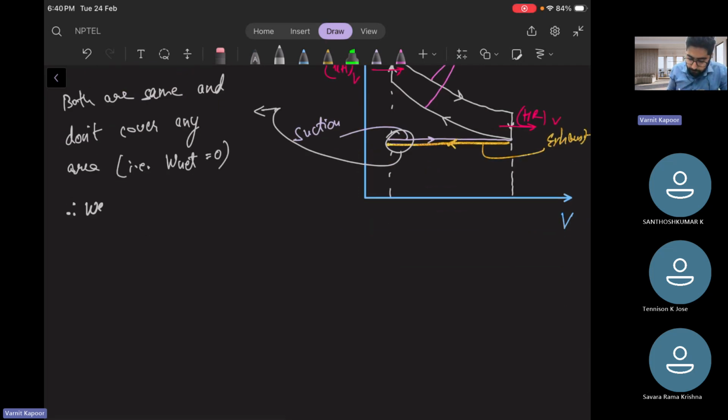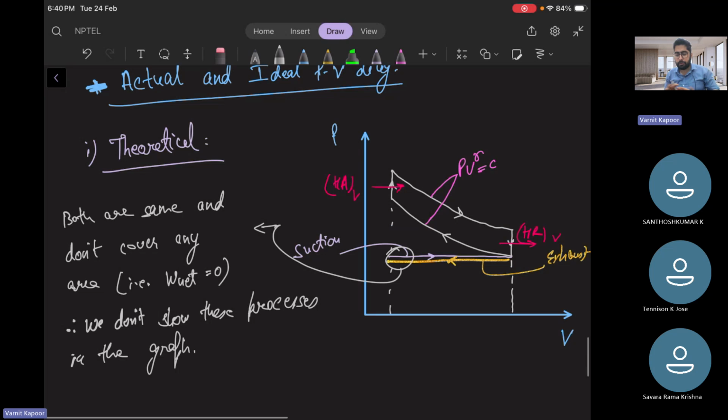Therefore, we don't show these processes in the graph. So this was the theoretical cycle which we have been dealing with so far.